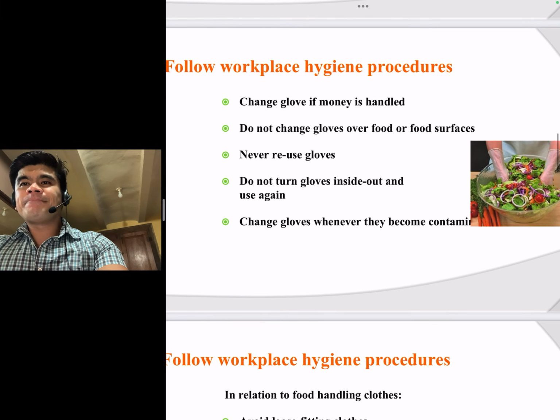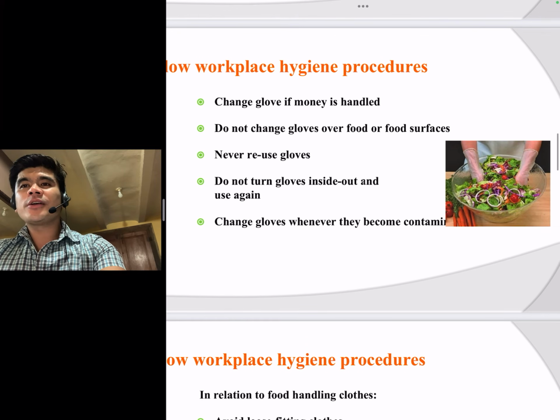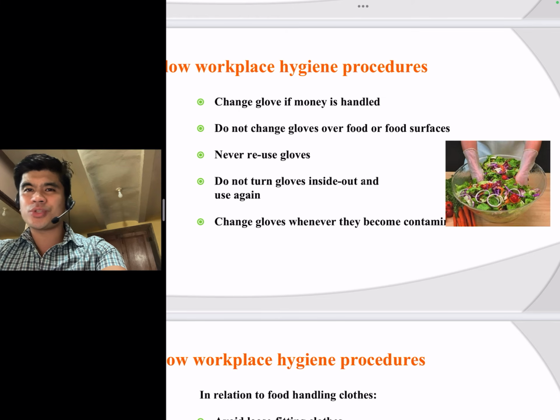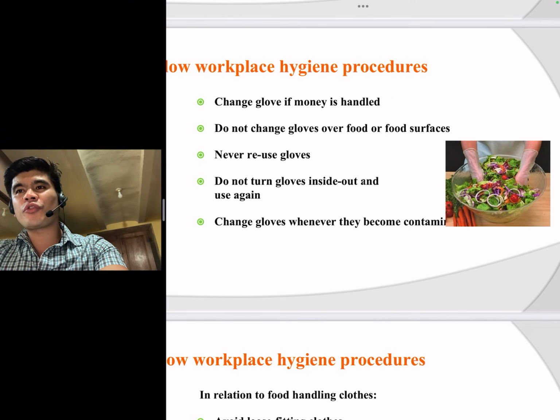Moving on, we have change gloves if money is handled. We all know that you're not supposed to hold money. Do not change gloves over food or food surfaces.